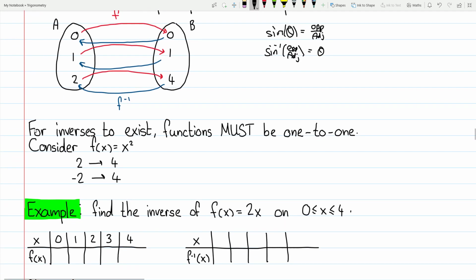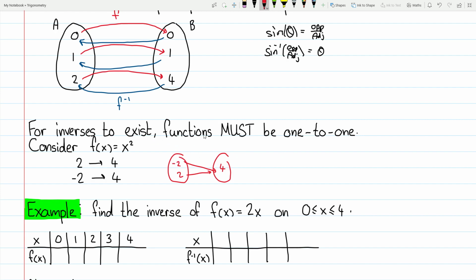So I've made a note here: for inverses to exist, a function must be one-to-one. Why? Well, if you have the square function, that would take -2 and 2 to the same value, 4. So this is 2-to-1, which is fine, that's allowed for a function.